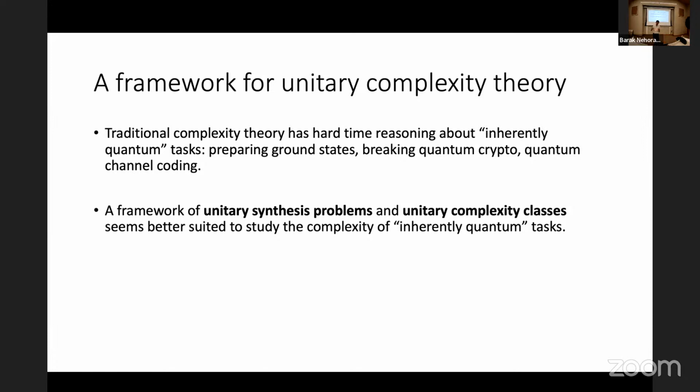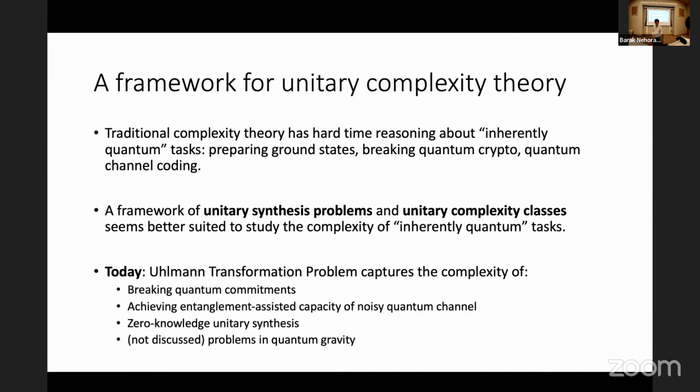I think these notions of unitary synthesis problems and unitary complexity classes are better suited for understanding these things. Today we've seen an illustration of this via the Uhlmann Transformation Problem, which captures the complexity of quantum commitments, noisy channel coding, and a notion of zero knowledge unitary synthesis.